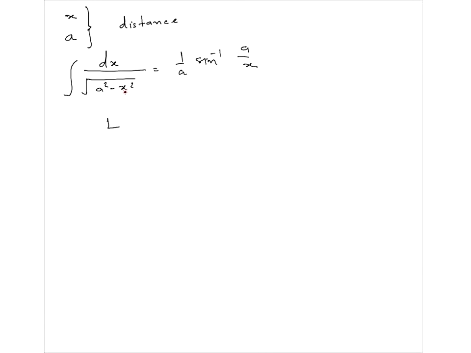Is it 0 or is it distance square? And the answer is, it is distance square. Under root of distance square is distance. L by L, dimensionless. So the left side doesn't have any dimension.